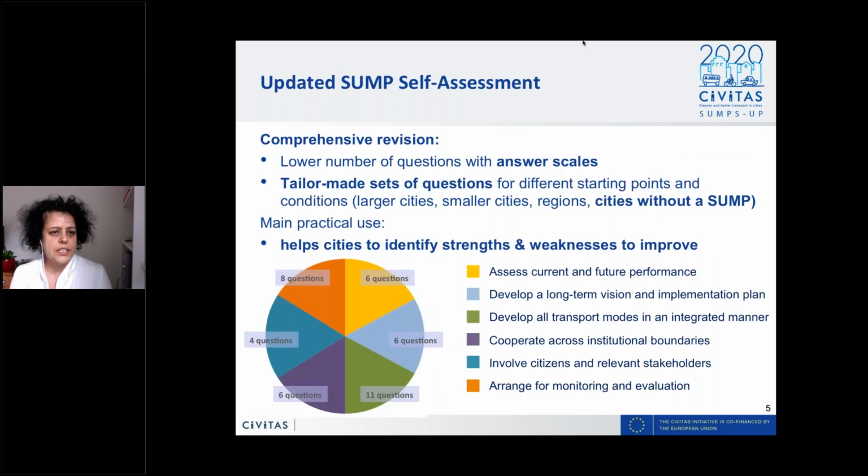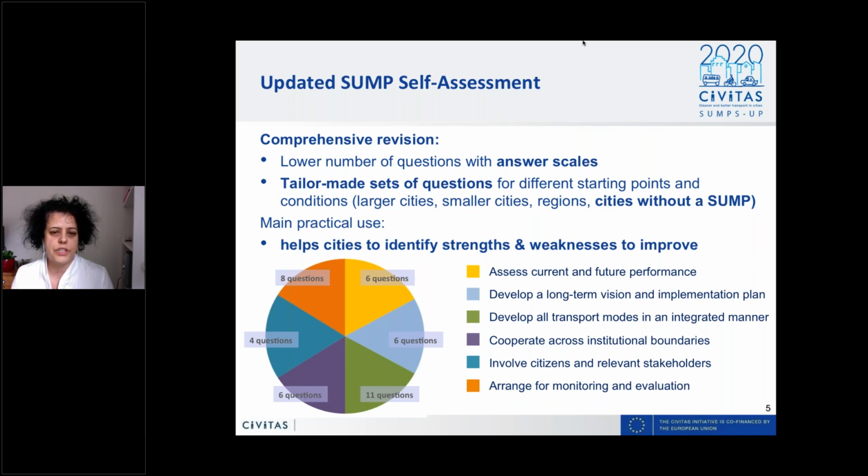So we will revise it and include a lower number of questions. We will diminish the number of questions. As I told you, we have received feedback that there are too many questions. We will develop tailor-made sets of questions for different starting points and for cities without a SUMP. The cities will be supported in identifying strengths and weaknesses to improve their SUMP development.